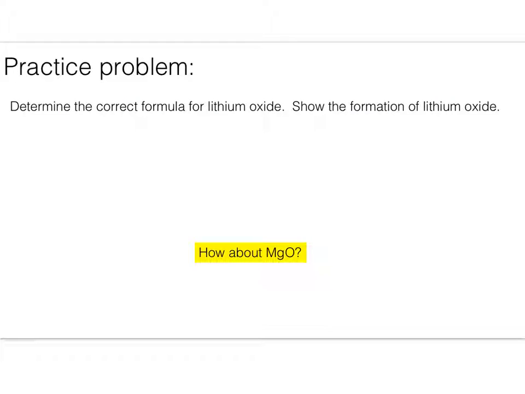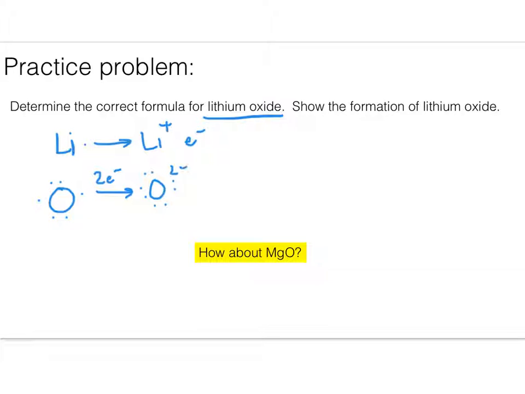Okay, so let's try a practice problem here. Let's figure out the formula for lithium oxide. Lithium is an alkali metal. It has 1 valence electron, and so lithium ideally forms Li plus, losing that electron. Oxygen, on the other hand, if we look at the periodic table, has 6 valence electrons. So the faster route for oxygen is to gain 2 electrons to be O2 minus.